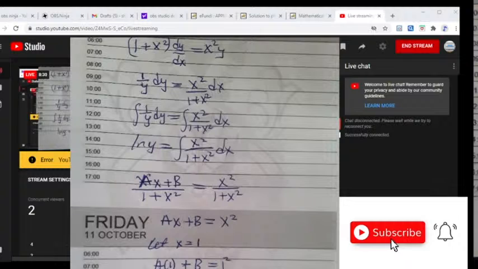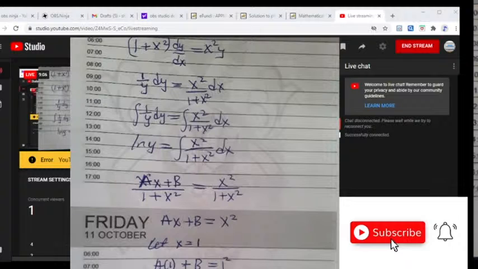Why? Because it is a partial fraction. You have to decompose the equation. That's when we introduce partial fraction decomposition.